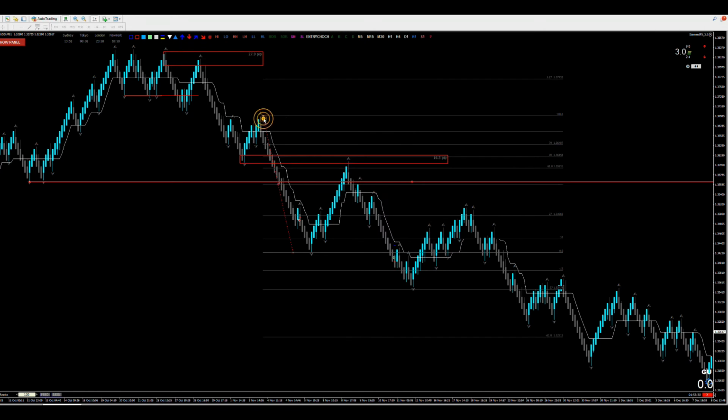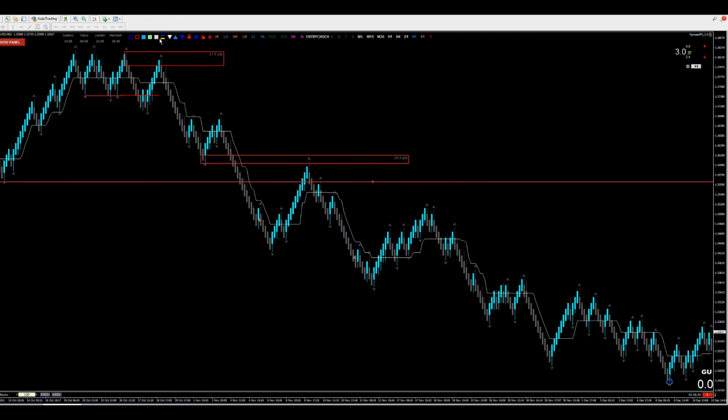Just take off this, I want to keep it nice and clean. So again, we have price breaking structure. Once price breaks the structure, we're looking for the left behind supply zone, and let's see where that one would be.